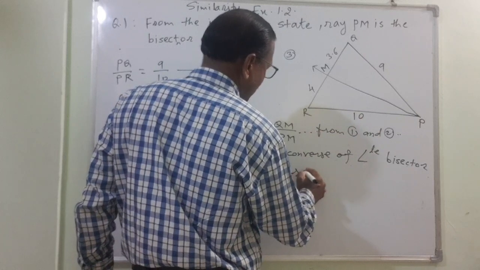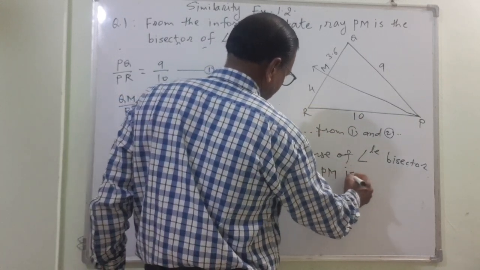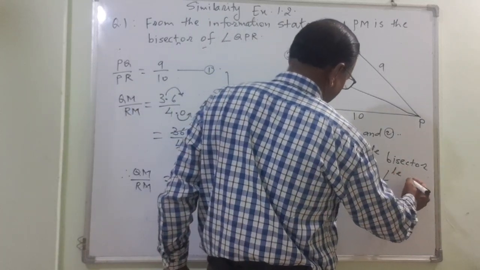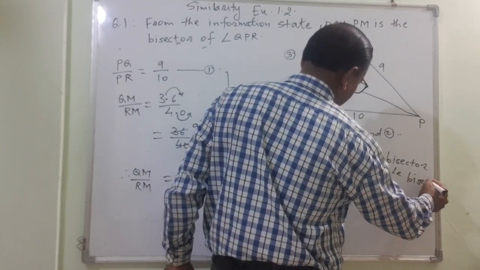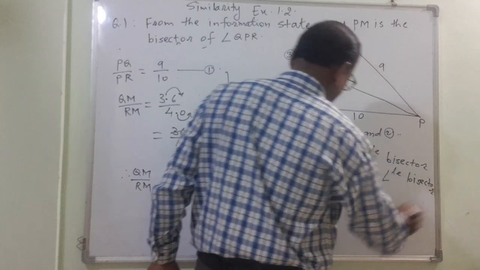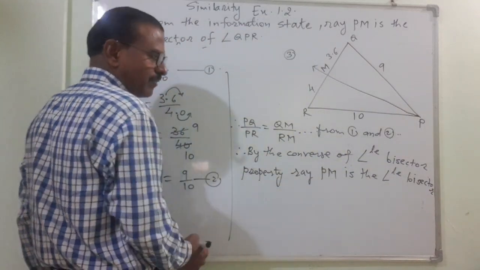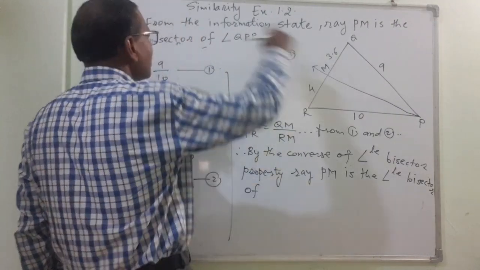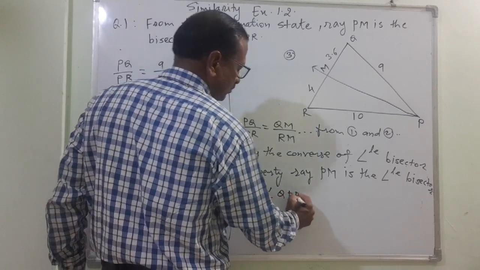Ray PM is the angle bisector of whom, what they are stated, of angle QPR.